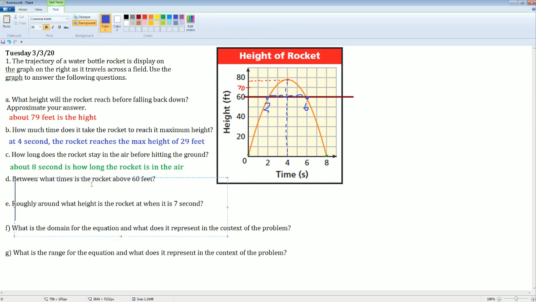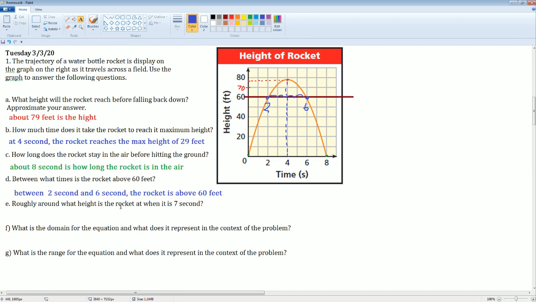So we would say between the 2 second and 6 second time. Between 2 seconds and 6 seconds, the rocket is above 60 feet.